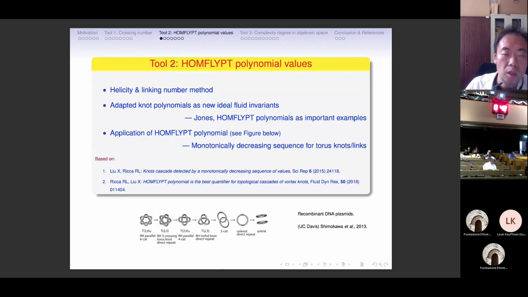All right, so this is the first tool. The second tool is HOMFLYPT polynomial values. This work is based on the following two papers in 2015 and 2018. The purpose of writing this paper is to deal with such a degeneration procedure from this torus link T26 to the trivial knot.